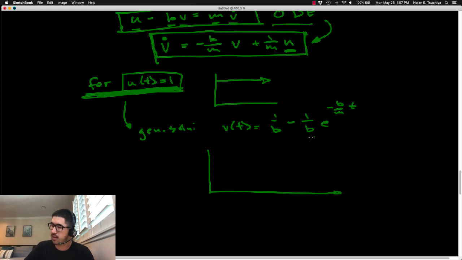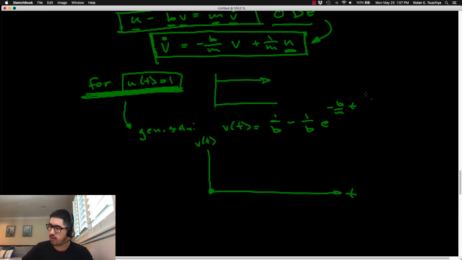What does this plot actually look like? Well, when t is equal to 0, you have e to the 0, which is 1. So you basically just have 1 over b minus 1 over b, which is 0. So at t equal to 0, we have a velocity of 0. As t approaches infinity, e to the minus infinity just decays to 0.